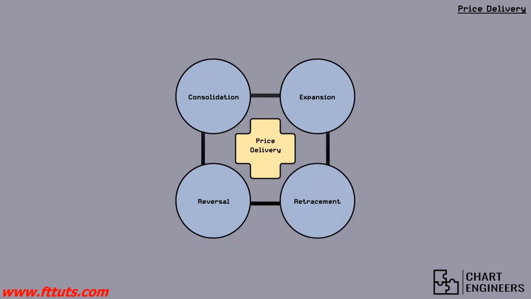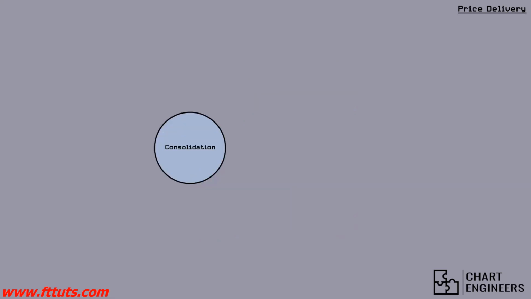These 4 different types of market profile interchange with each other during the ups and downs following the flow of the marketplace. When price is consolidating, there's only one outcome that can occur after the consolidation, and that outcome is the expansion phase. So there's only one option that can happen after the consolidation.